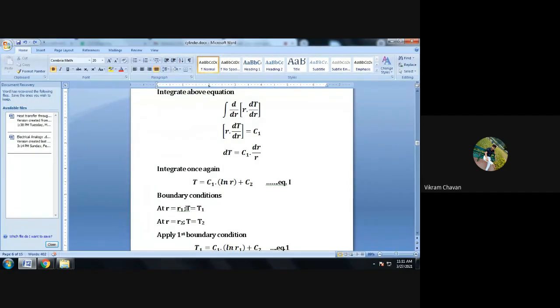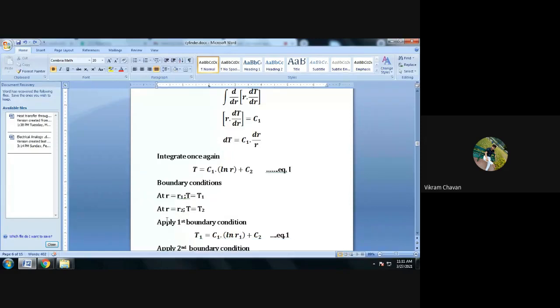And when we are at the outer surface of the cylinder, the radius is R2, and the temperature of the outer surface is T2. So when R is equal to R2, T becomes T2. That will be our boundary condition.